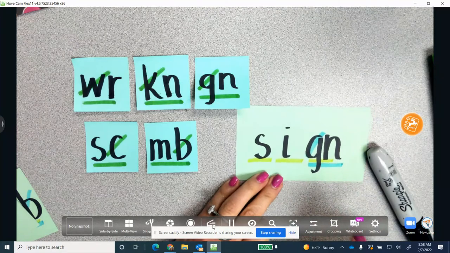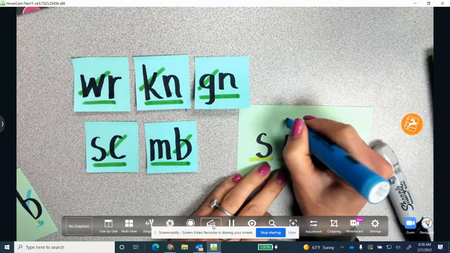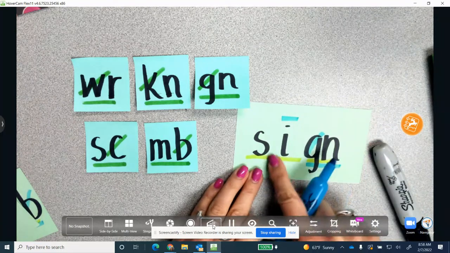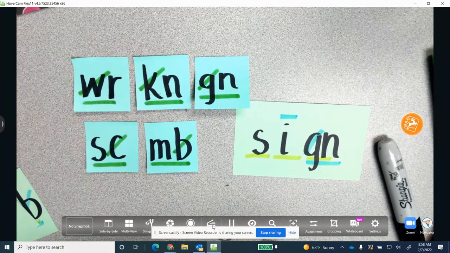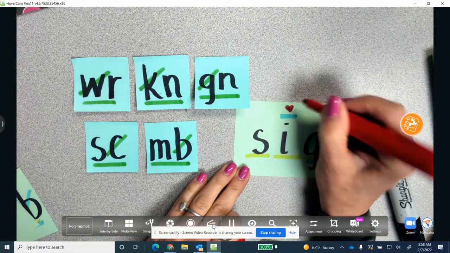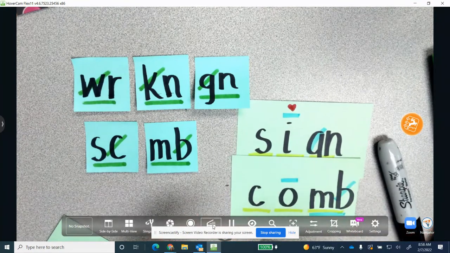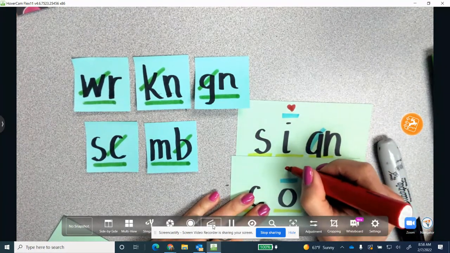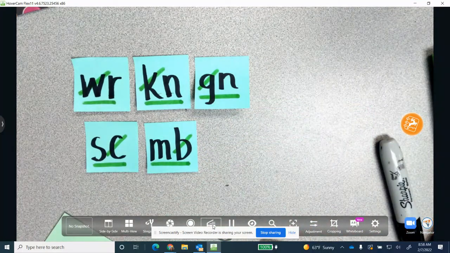But what do you notice about this I? It looks like it could say the short vowel sound, ih. But it is saying the long vowel. Sign. I think I'm going to put a heart here. This one's a little tricky because not quite sure why this I is saying its name, but it is. I think we could even go back to our first word. Even in this word too, comb. A little tricky there. Remember that that's the long O. And remember, this is the long I. Okay.